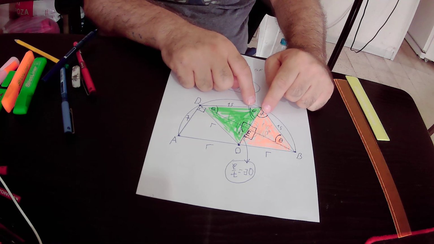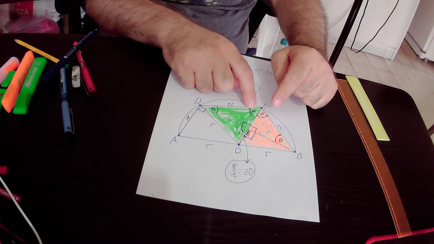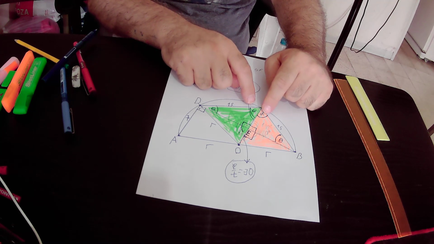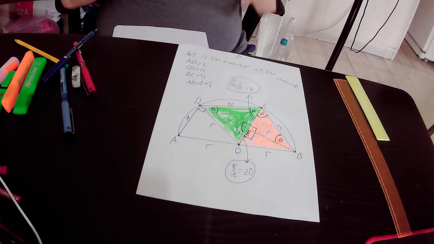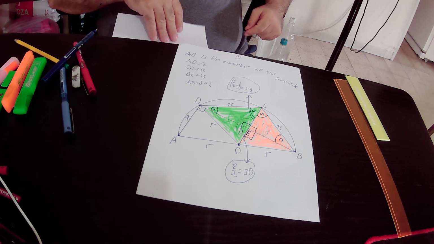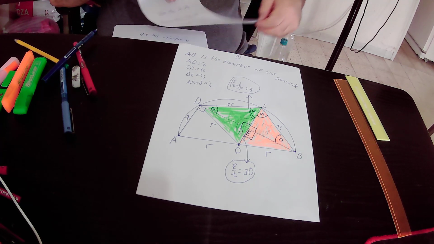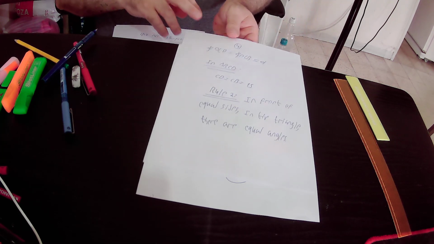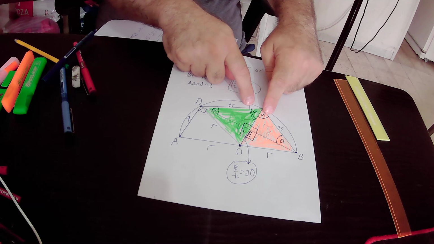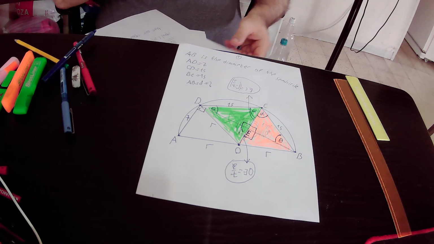And if we define one angle as alpha, then the other angle must also be equal to alpha. So angle OCD equals angle OCB equals alpha. Both those two angles are equal to alpha.